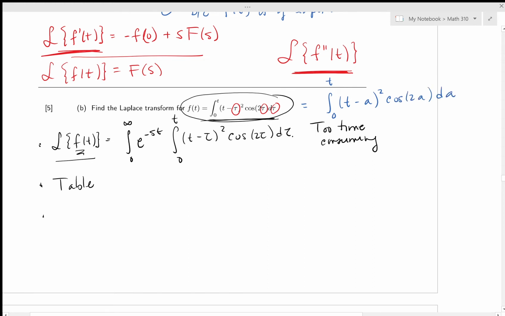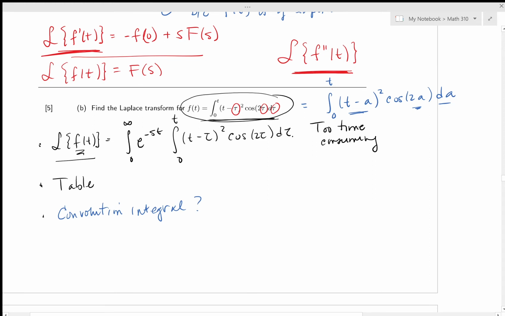It's a dummy variable, but that is still the one we've been using for convolution. The more important thing to notice is that we've got t minus something, and then that something, and we're integrating with respect to that something. So that might cause you to think maybe there's something here to do with the convolution integral.